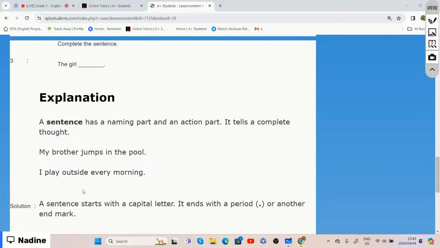All right. So if we were to say a complete sentence, then we can just say maybe the girl jumps, the girl laughs.